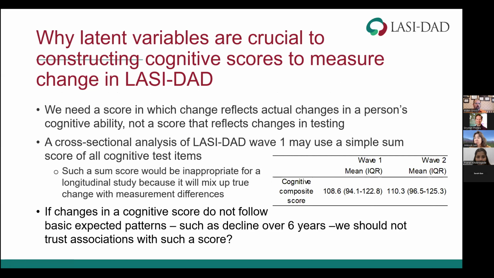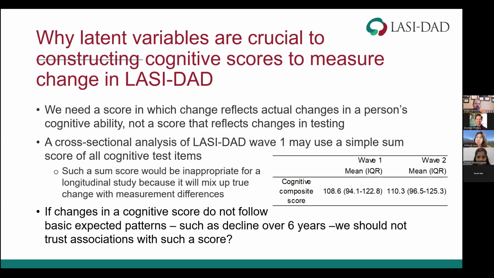Just a brief note on why latent variables are crucial to constructing cognitive scores to measure change. So again, as I mentioned just now, we need a score in which change reflects actual changes to the best extent possible in a person's cognitive ability, not a score that reflects changes in testing procedures.